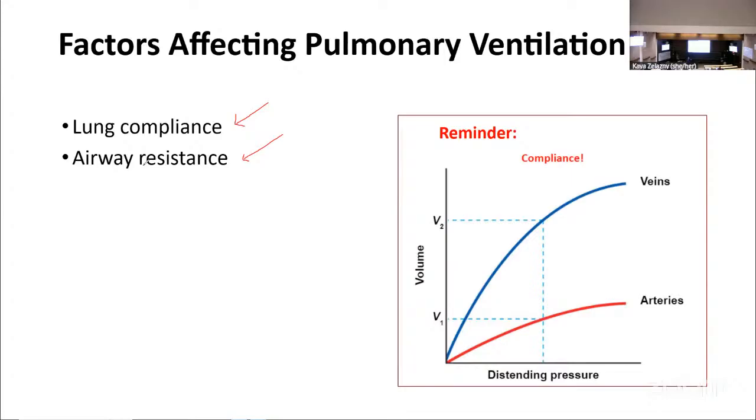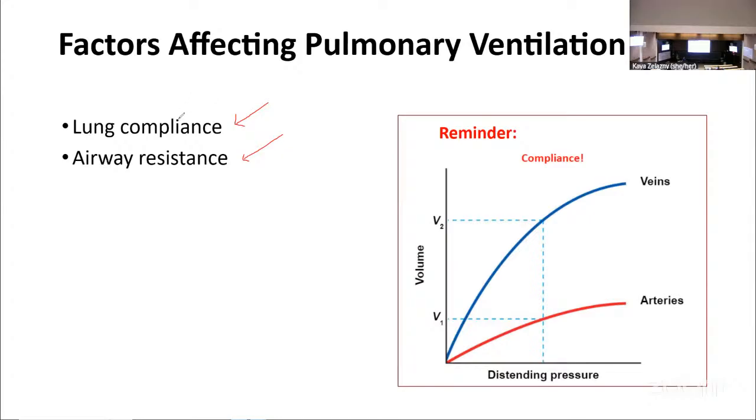But remember, resistance has to do with the radius of a tube, right? So a small tube is harder to push through, more resistance. Big, wide tube, easier to push or pull through, easier to have flow, right? So that's going to affect changes in pulmonary ventilation, right? If you've had like an asthma attack or something, you can feel how changing an airway can change how hard it is to breathe.